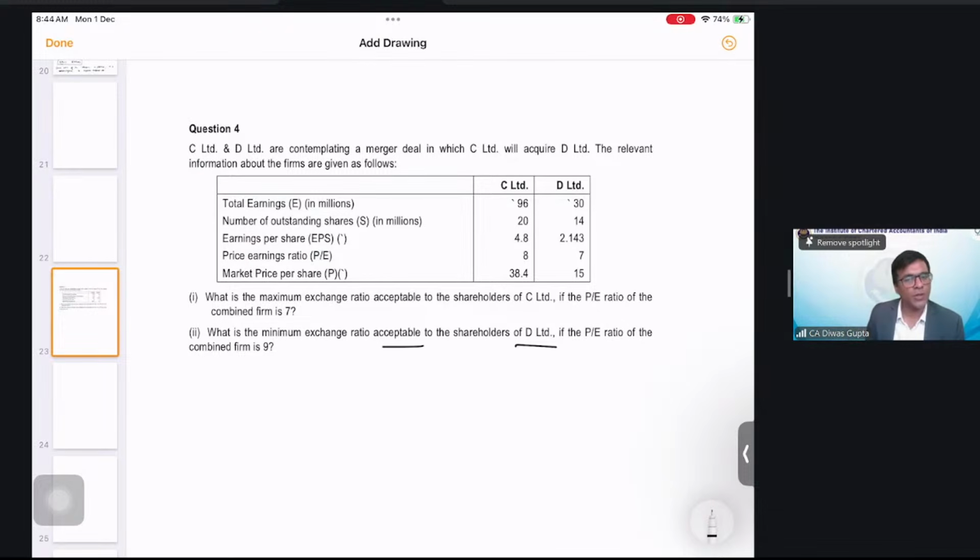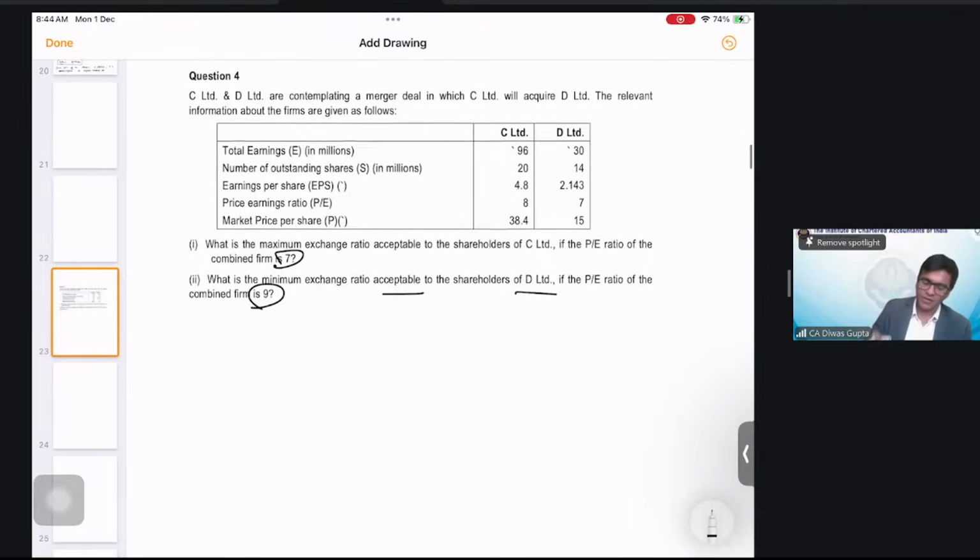So this is how the question is drafted. The 7 is the P/E ratio and 9 is the P/E ratio. Now we can simply calculate the maximum exchange ratio and minimum exchange ratio using these facts. So let's start with the solution, students.